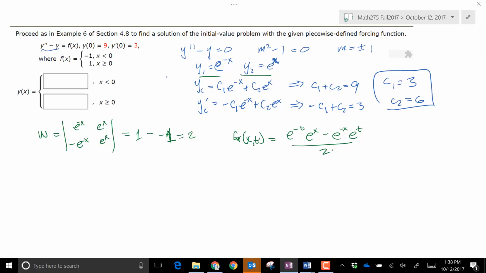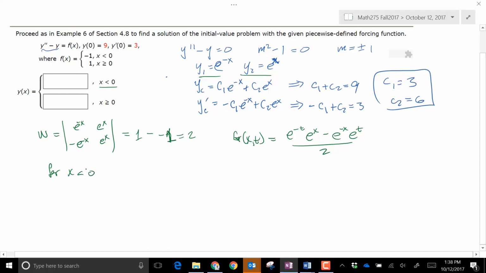And then we put this in our integral now. That just means we're going to have to do 2 of them, but our integral is not going to be bad. So let's try the one where x is less than 0.